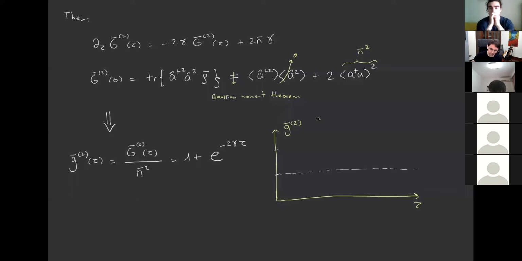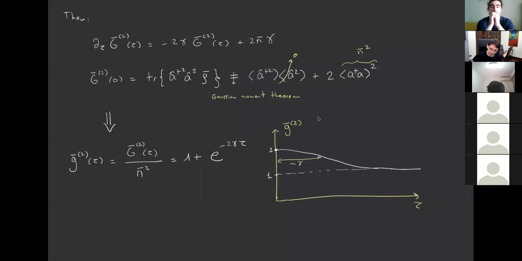At tau equals 0, you start at 2. And at tau equal infinity, the exponential has decayed and you go to 1. So you get something that goes like this, where this width in here is of order gamma, okay?